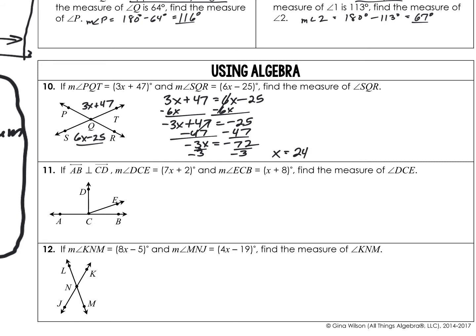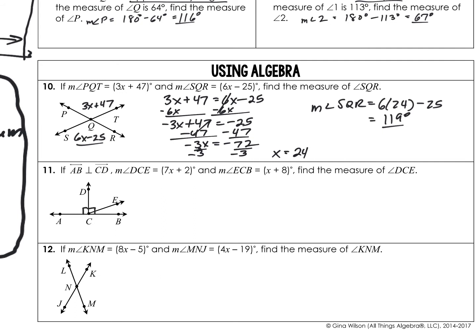So if x equals 24, then the measure of angle SQR is equal to 6 times 24 minus 25. And 6 times 24 minus 25 is 119 degrees.